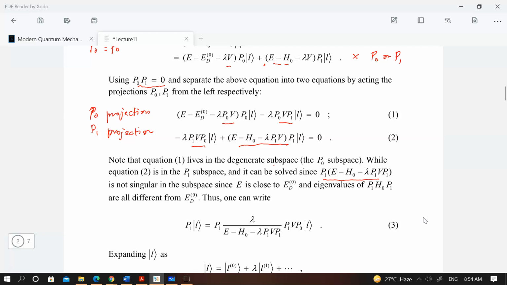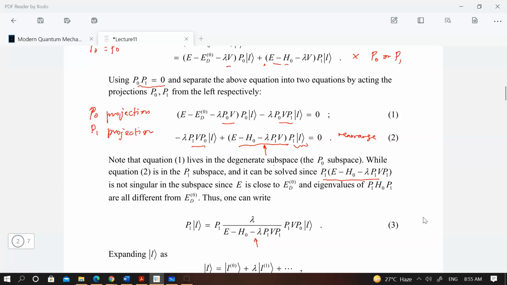We're trying to rearrange these equations so that you can get a term which involves the P1L here. So in other words, I will have to bring this operator on the denominator, and you get to this point.